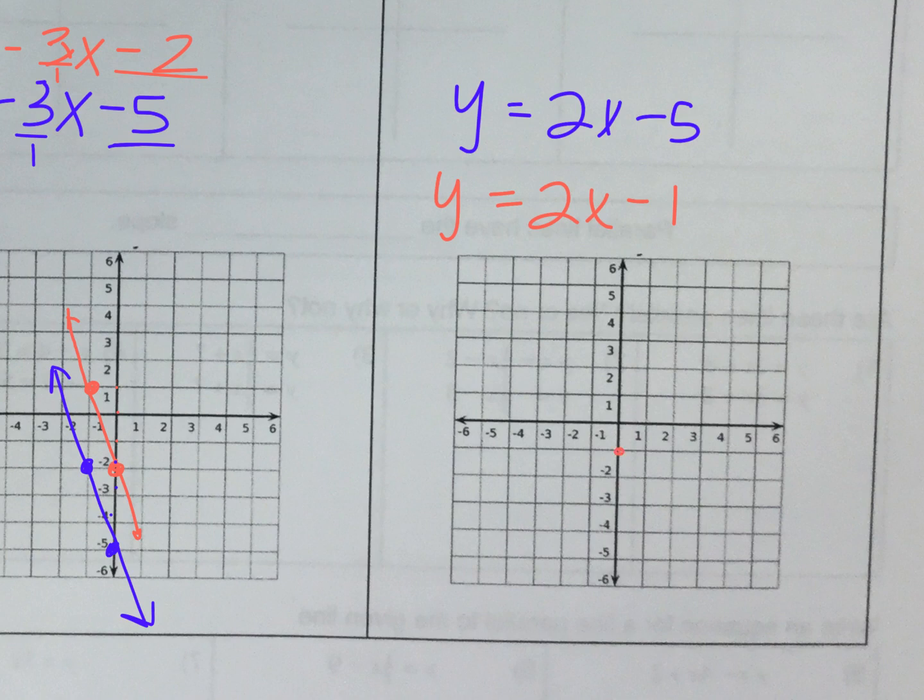We rise 2 and run 1 positive, because we know that's really 2 over 1. So there's our first line. Our next one starts at negative 5, rise 2, run 1. There we go, more parallel lines.